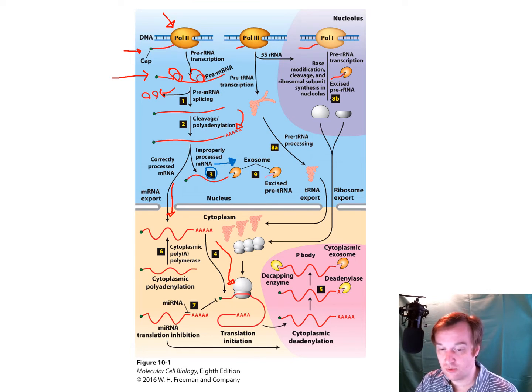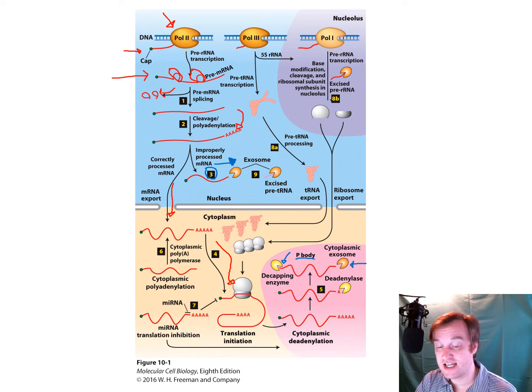So once the mRNA is done being translated, it can be sent to what's called a P body. And this is a processing body, so P is just short for processing. And what happens here is there are enzymes that will come and take the cap off the mRNA, and take the poly A tail off.